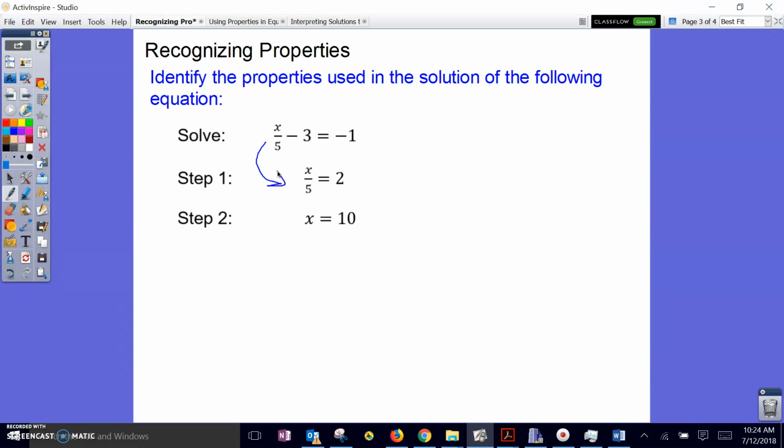If you think about what happened to get from the original equation to step 1, we added 3 to both sides of the equation. And so we added something to both sides of the equation, and that means that the property that we used was the addition property of equality.